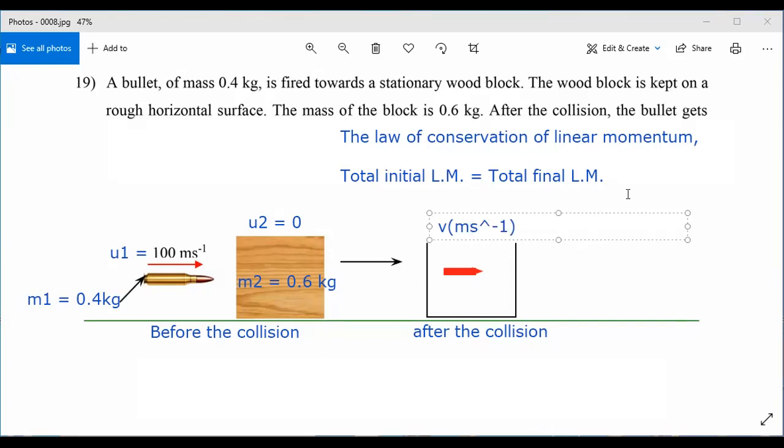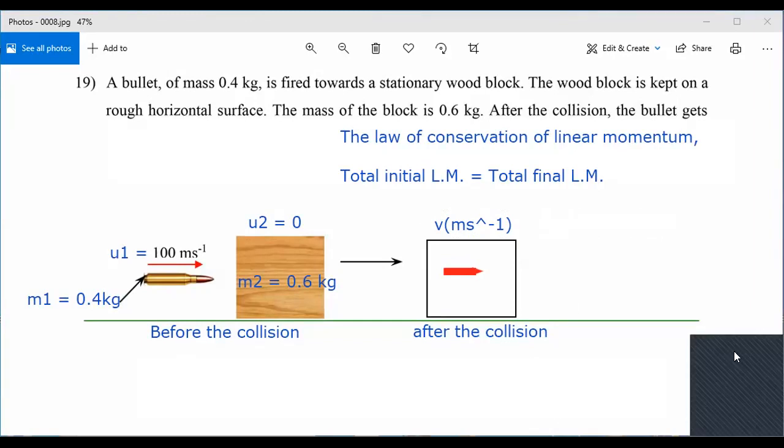So please mark the velocities also here because we need these velocities to work. Velocity of the bullet before the collision is 100 meter per second, velocity of the block before the collision 0, velocity of everything after the collision is V meter per second.